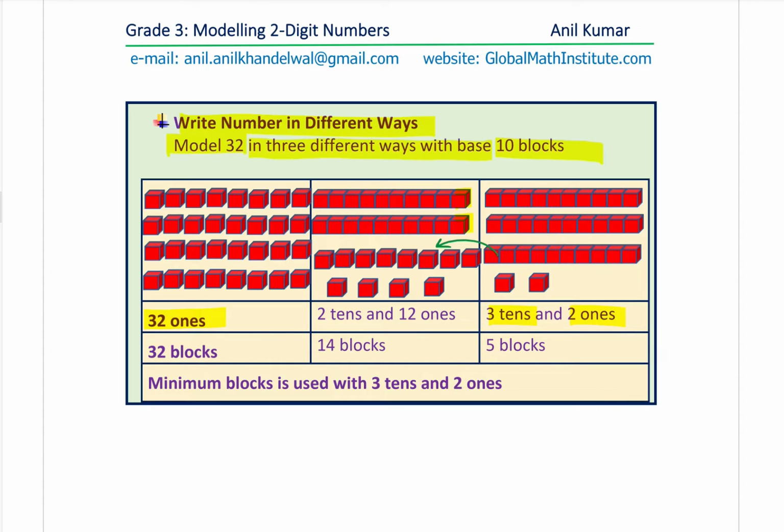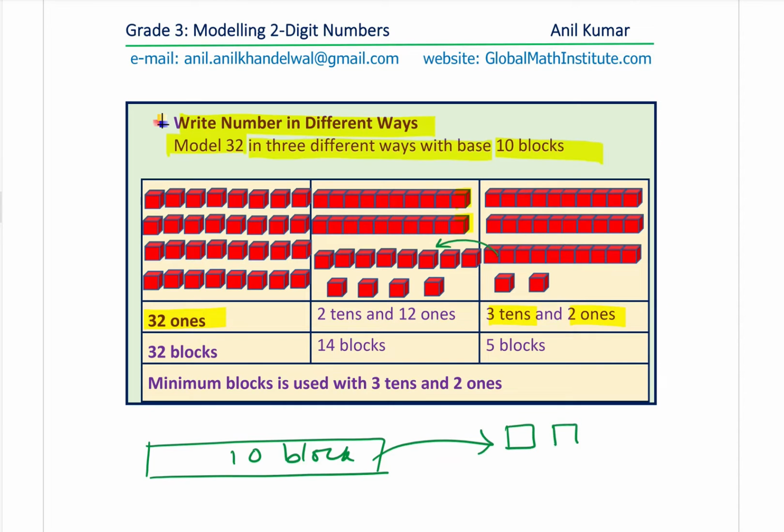That is tricky. So what we did was, look here, we have a 10 block here. Let's say this is a 10 block, right? So we just split this and broke it down to 10 individual ones, right? Do you understand what I'm trying to do here? I just break it down 1, 2, 3, 4, 5, 6, 7, 8, 9, and 10.